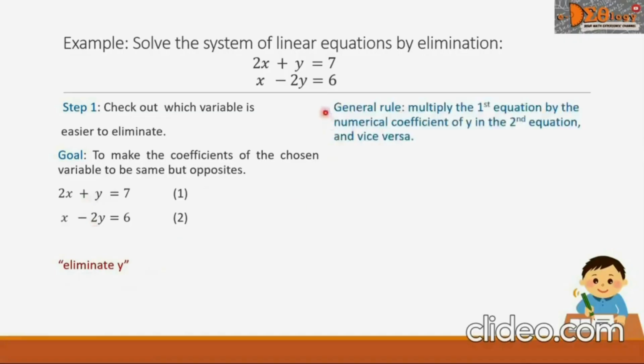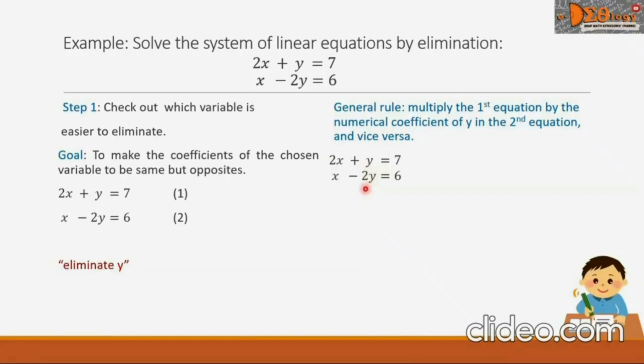This is the general rule. Multiply the first equation by the numerical coefficient of y in the second equation, and vice versa. It means to say, since I decided to eliminate y, in the first equation, I will multiply the first equation by the coefficient of y in the second, which is 2.